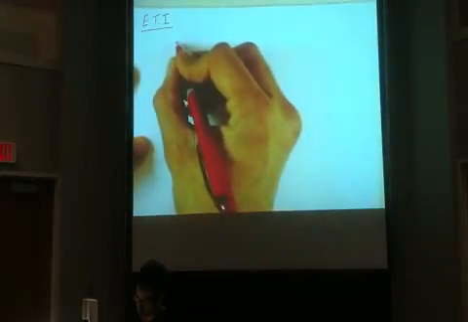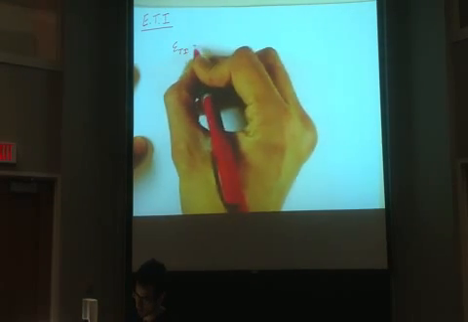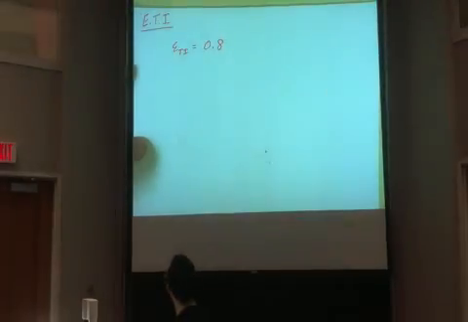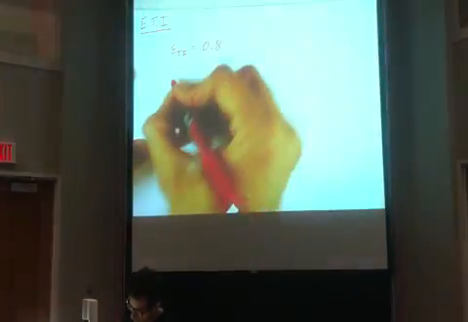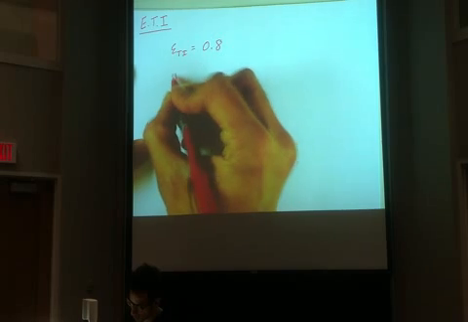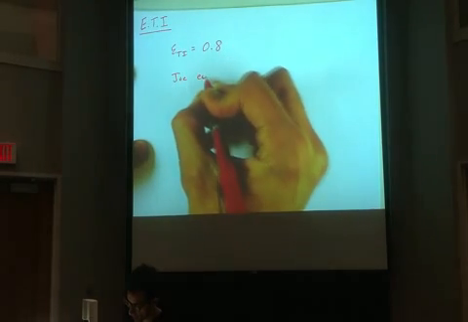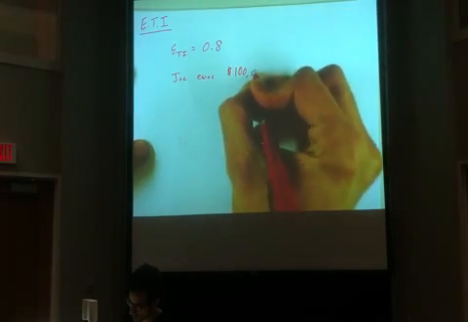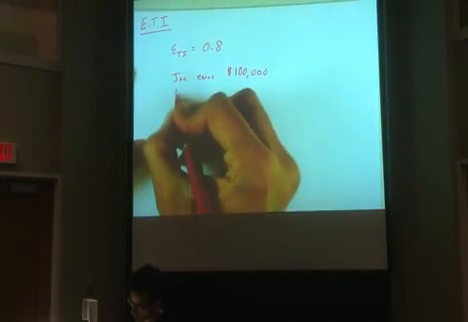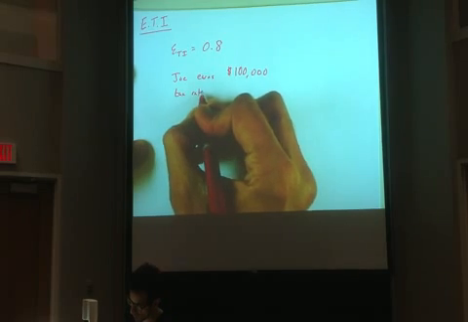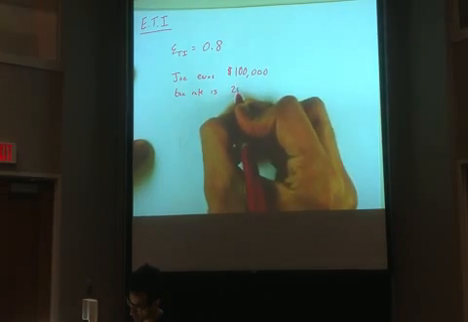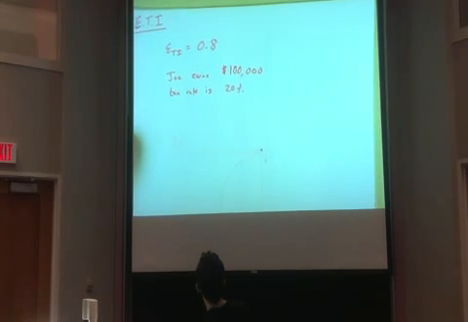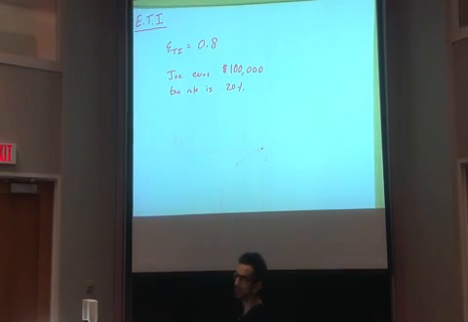We might tell you that the elasticity of taxable income is equal to 0.8, let's say. And we have an individual, Joe, and he earns $100,000, and his tax rate is 20%. So he's taxed 20% of his income.